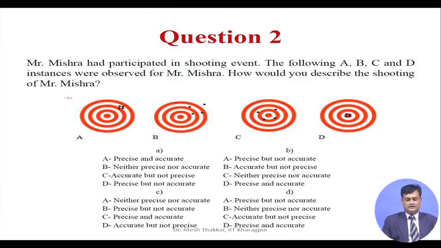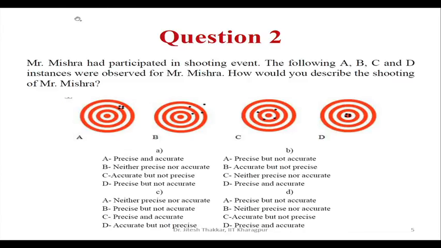You are given 4 different options, and basically the events A, B, C, D are tagged as precise or accurate, and you need to figure out whether a particular event should be called precise or accurate or both.